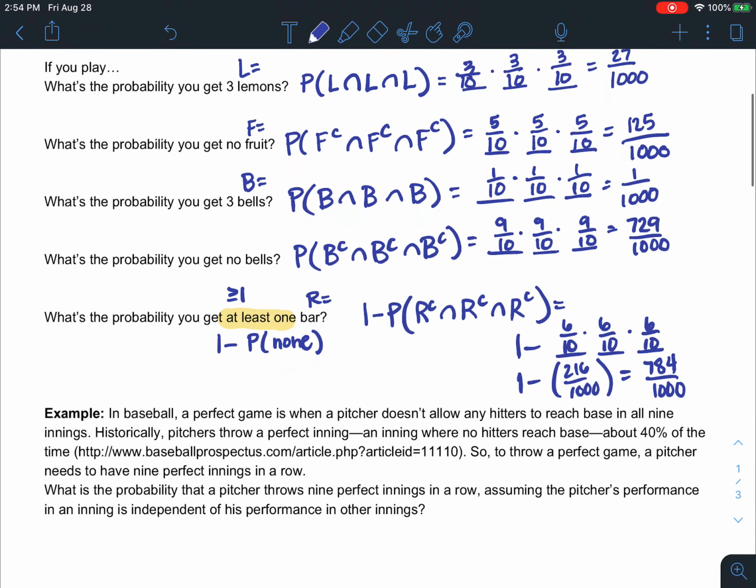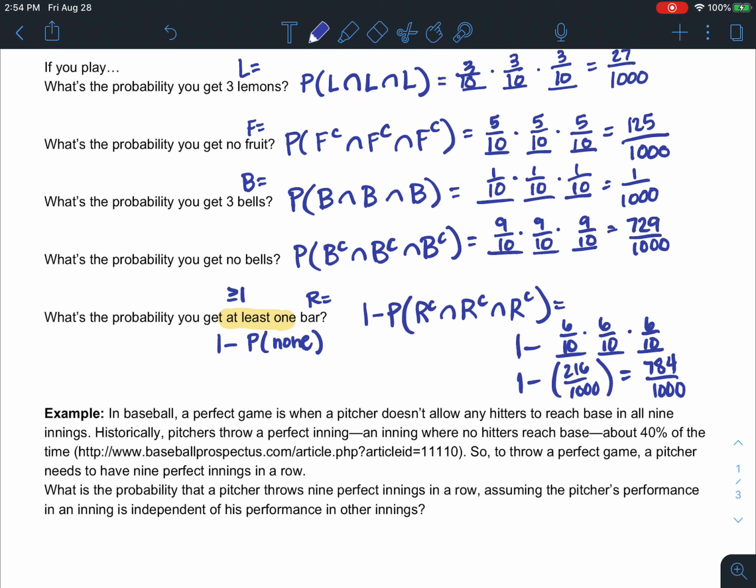Okay. All right. So one more quick example of independent events is this baseball example. It says a perfect game is when a pitcher doesn't allow any hitters to reach base in all 9 innings.